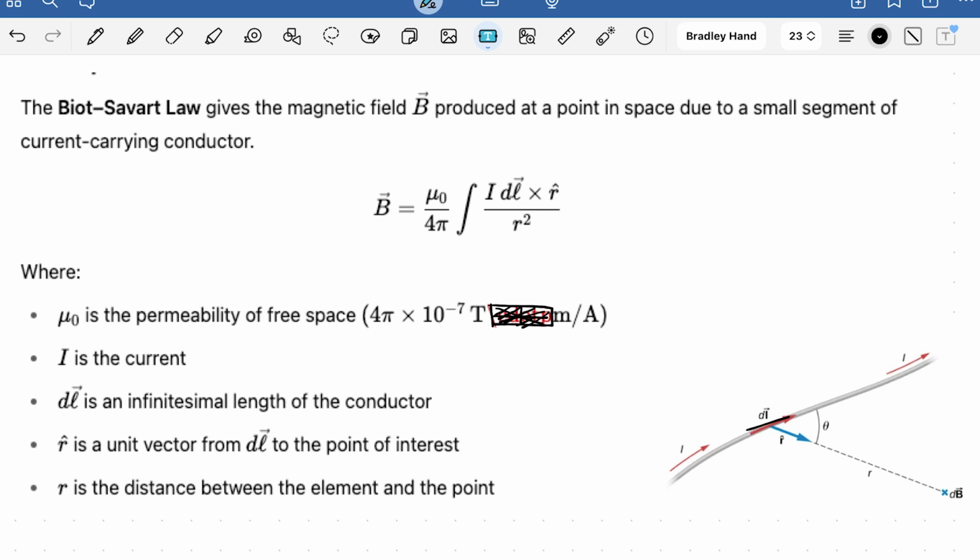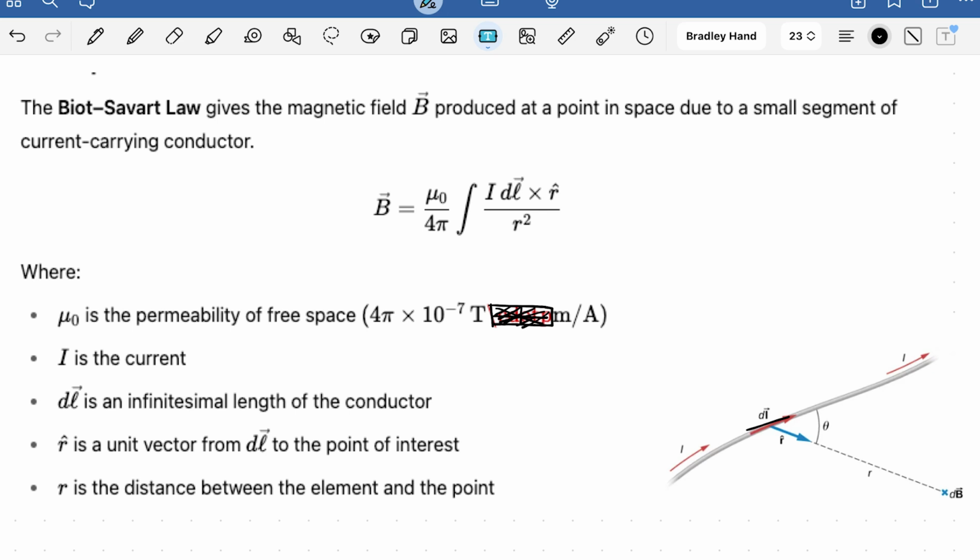So, as you know, mu naught is the permeability of free space, which shows how easily the magnetic field passes through a medium. And for free space, it's 4 pi times 10 to the negative 7 Tesla meter per ampere. I is the current in amperes. dl is the infinitesimal, meaning small length of the conductor.